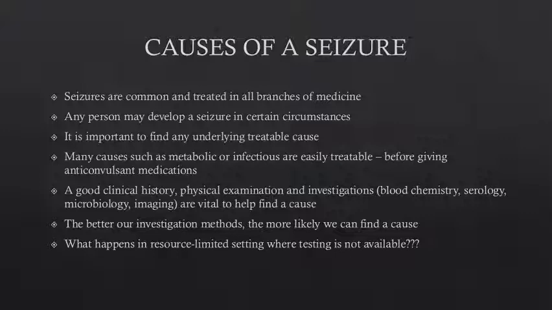The better our investigation methods, the more likely we can find a cause. So what happens in a resource-limited setting where testing is not available? This is when a good clinical history and exam, high clinical suspicion, and appropriate referral to higher level of care is important.